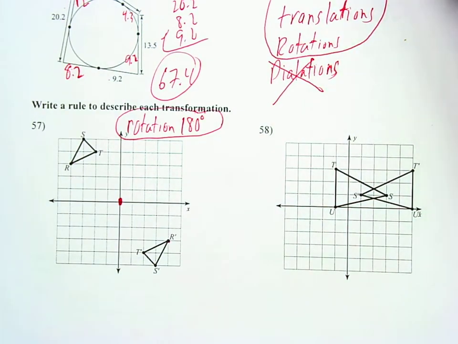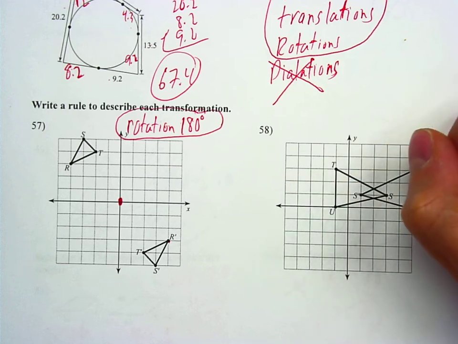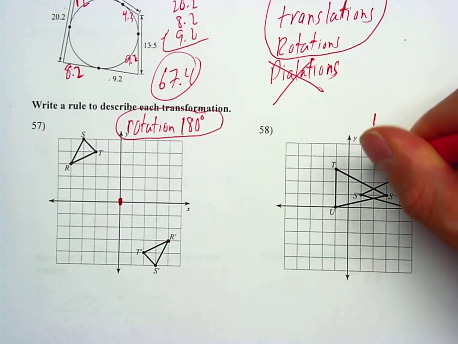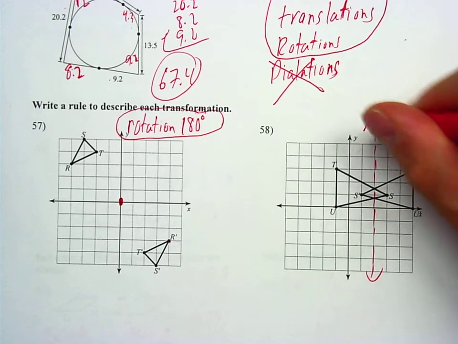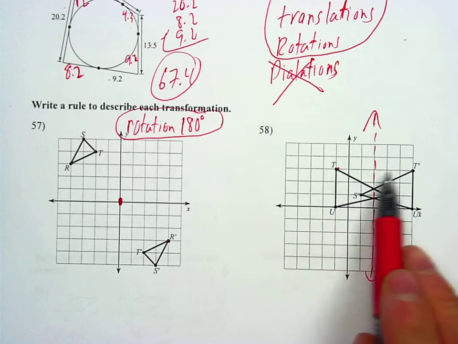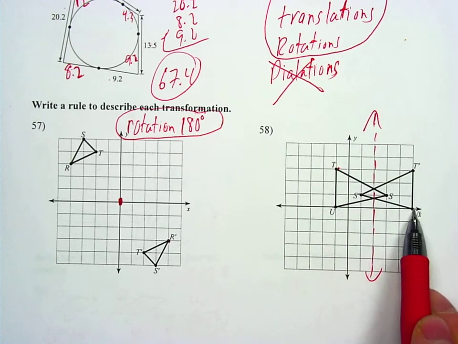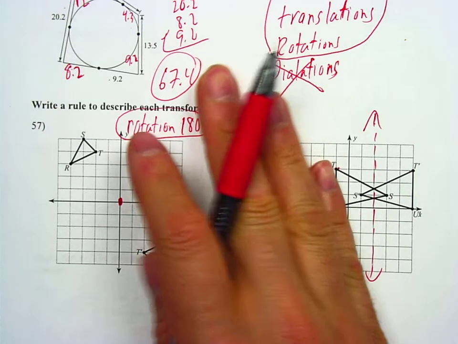All right, question 58. So T went from here to here. U went from here to here. This is a reflection. The line of symmetry is the line in the middle of T and its image, and U and its image. So in other words, T folded over this line to become its image, U folded over the line to become its image, and S folded over the line to become its image. It's a fold.